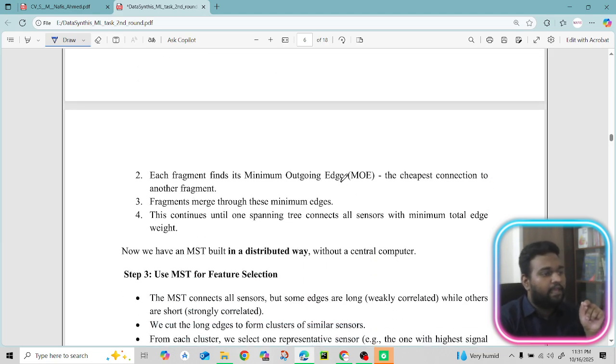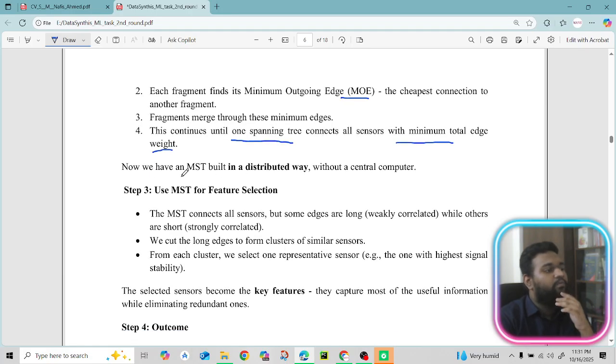Then we are going to use the MOE to connect these fragments. And after that, we will get only one spanning tree. That is going to be a minimum spanning tree with a minimum total edge weight. This is how we build an MST in a distributed way.